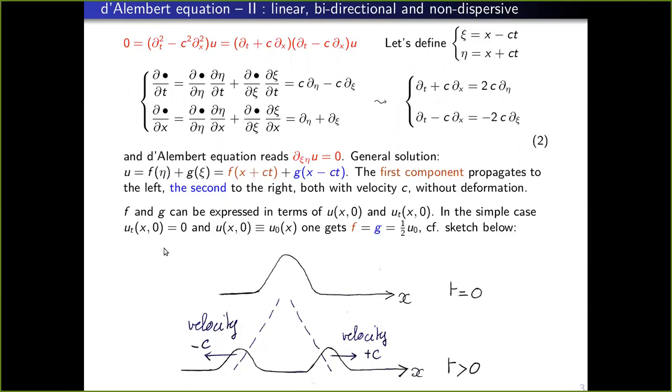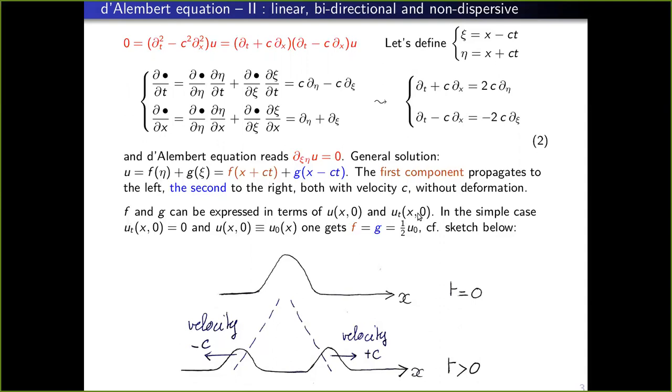And in general, it's relatively easy to show that f and g, which up to now were unknown, can be expressed in terms of the initial shape of the string, u of x at t equals 0, and of its time derivative, ut of x at t equals 0.